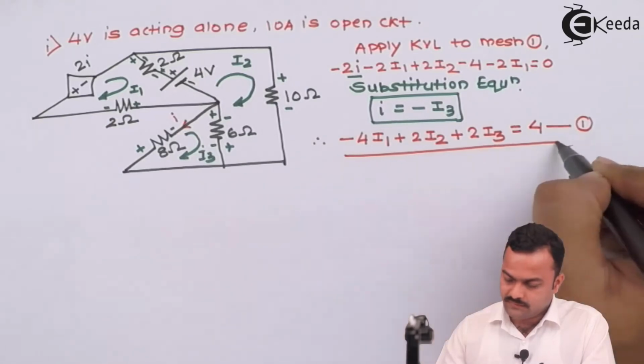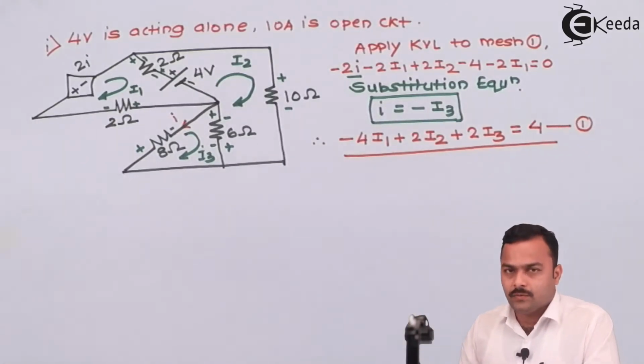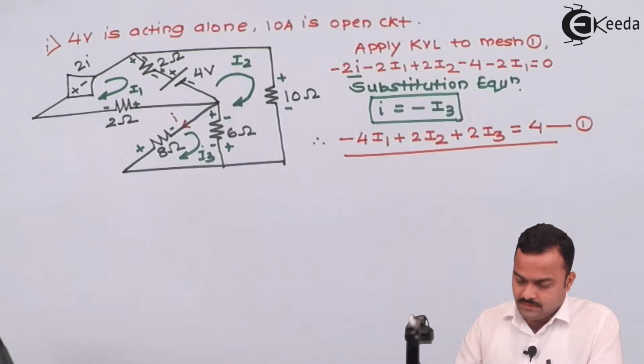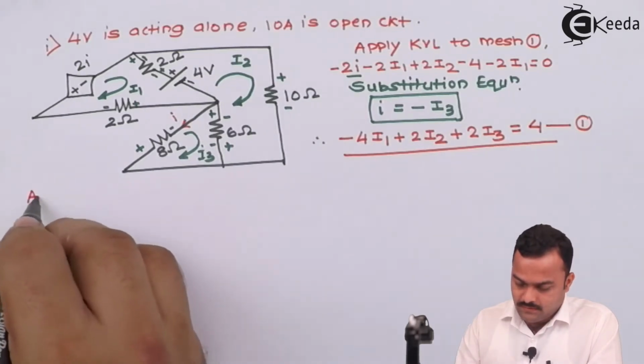This is a simple equation in terms of mesh currents I1, I2 and I3. Let's apply KVL to mesh 2.